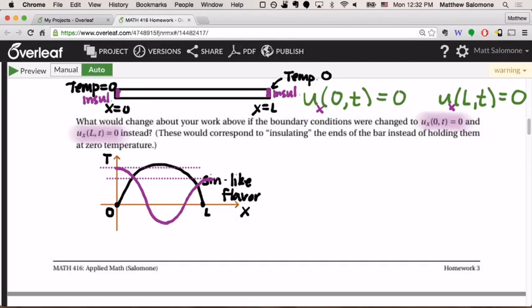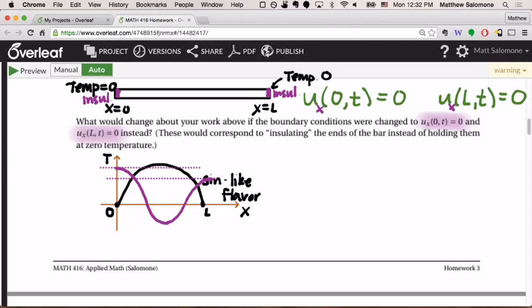But we can see, based on Patrick's suggestion, that it looks like insisting upon that boundary condition will switch our spatial distribution of our solution from something that looks like sines to something that takes the shape of cosines. So, and I made this remark on a lot of your papers, all that I'm really looking for you to do here is to look back at the work that you did in the first part of the page and figure out where and why sines might have changed out for cosines.